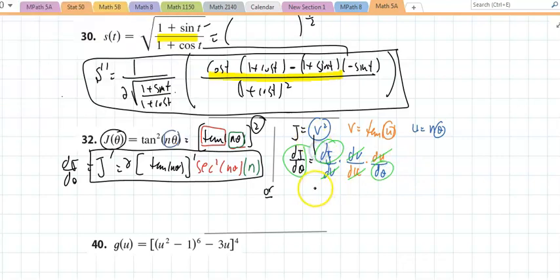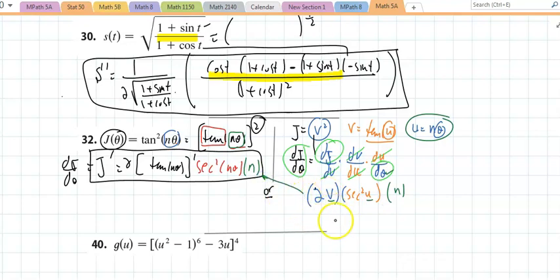The derivative of this is simply 2v. The derivative of this is simply secant squared of u. And the derivative of this with respect to theta is simply n. Replace u back in, replace v back in, and you will get that.